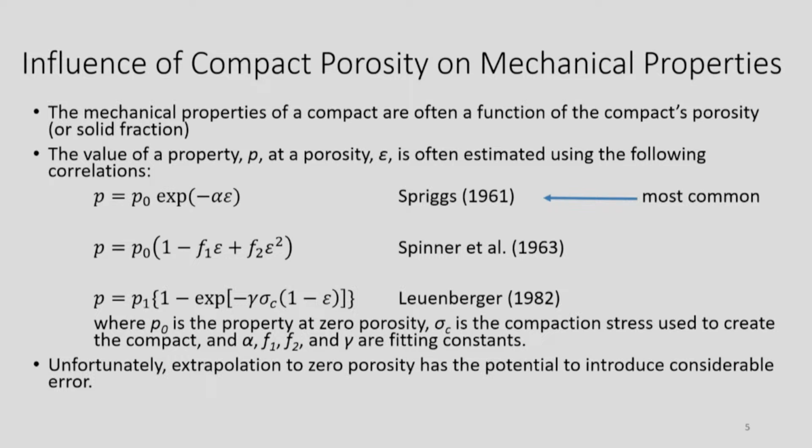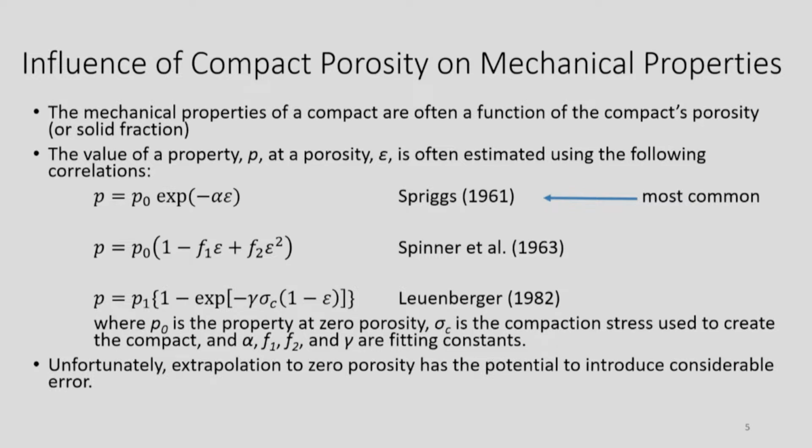Now, how does it affect the porosity or mechanical properties? In general, the change in values of a property can be directly related to the porosity, or the change in void space. So this P can be anything: it's a property, with P0 the property at zero porosity, and P the actual property value that you are measuring.